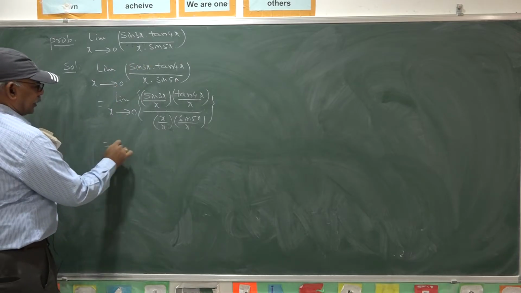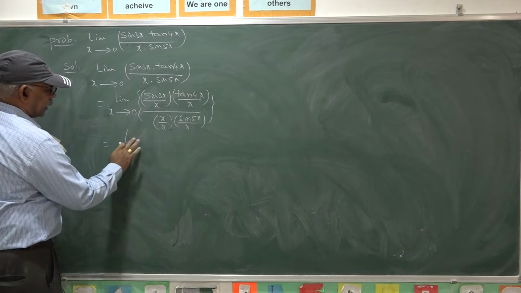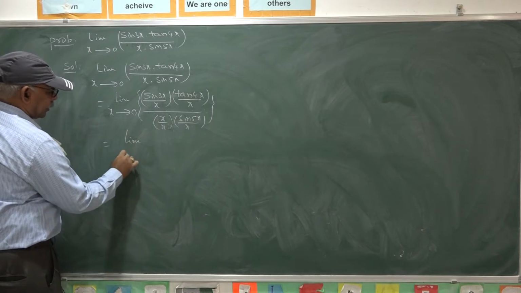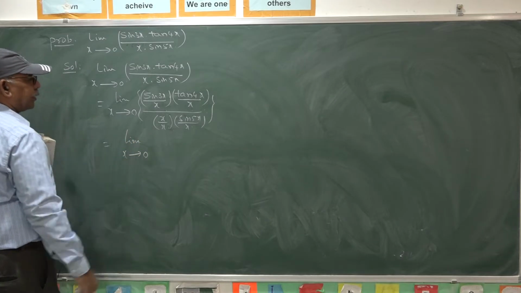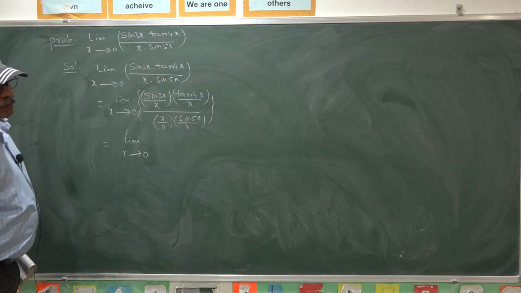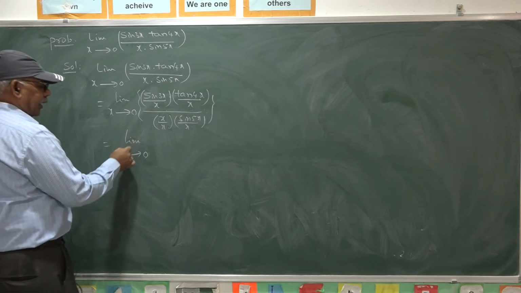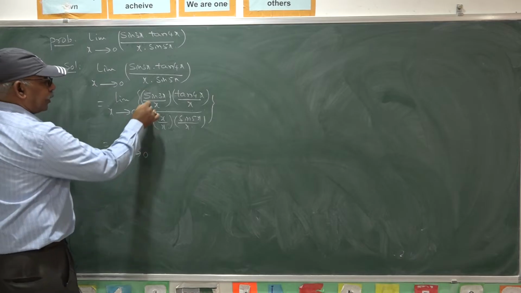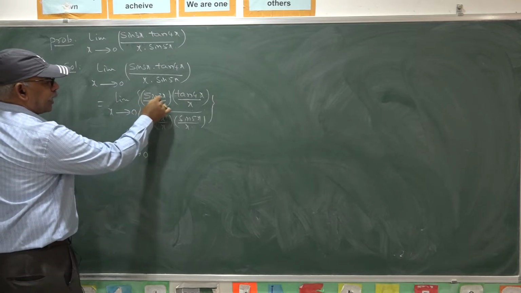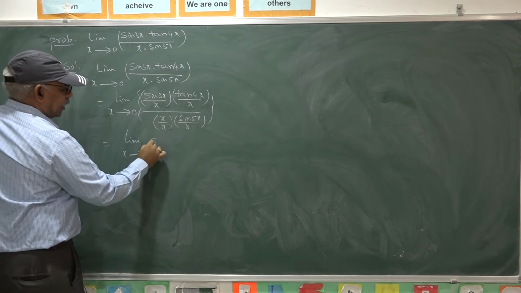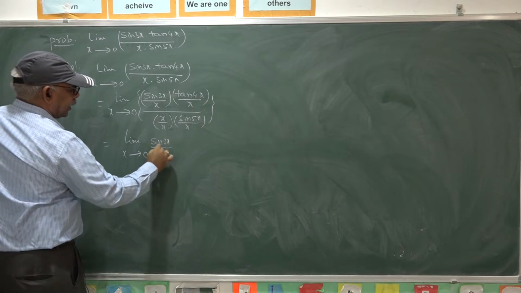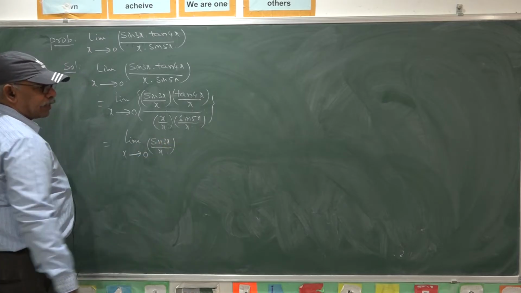Without changing the basic nature of the function, you can operate any operation over that function. So limit as x goes to 0, this is of the form sin ax by x. So the limit takes a finite value, hence you can straight away apply that limit.